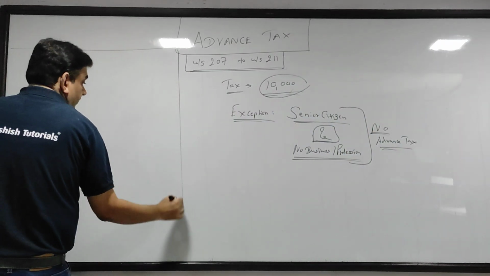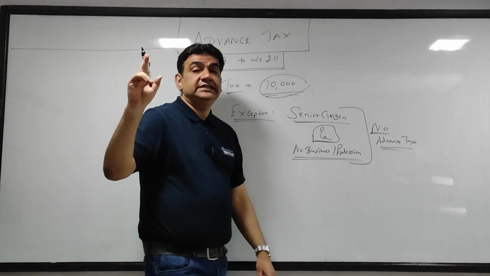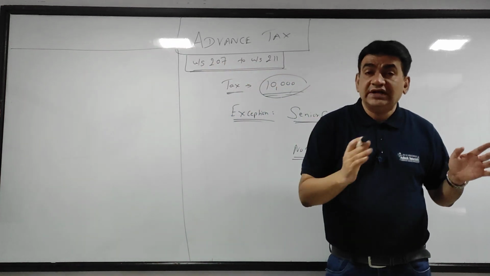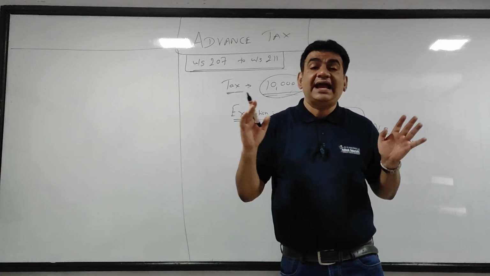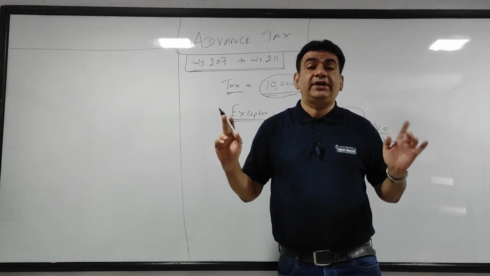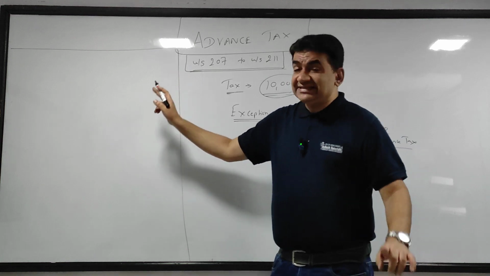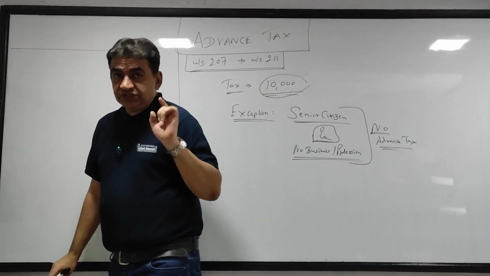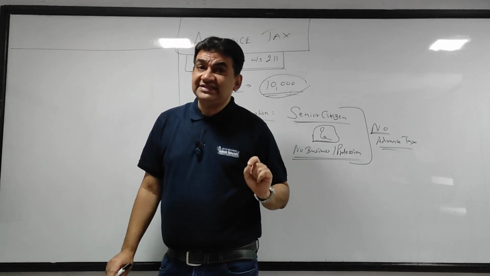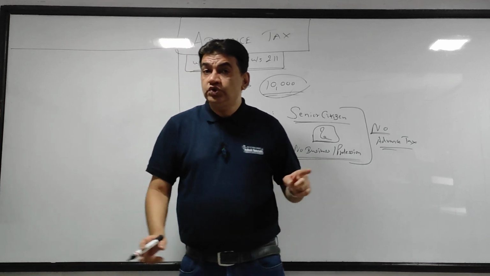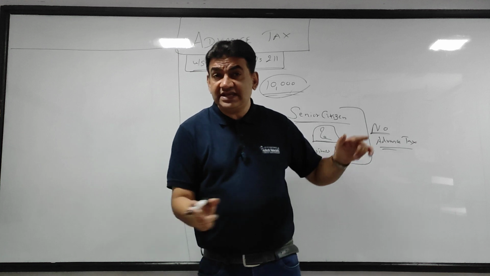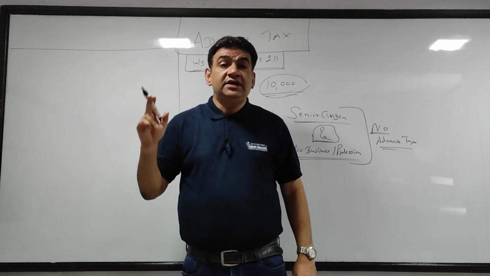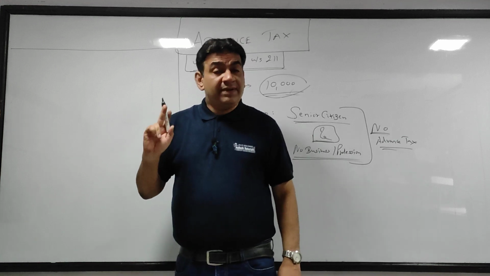Now, what is the limit? And limit means, what is the amount to be paid for each installment of advance tax? Guys, understand this very carefully. First installment of advance tax. Remember, you are going to pay this advance tax during the year, not after the year gets over, before the year ends.